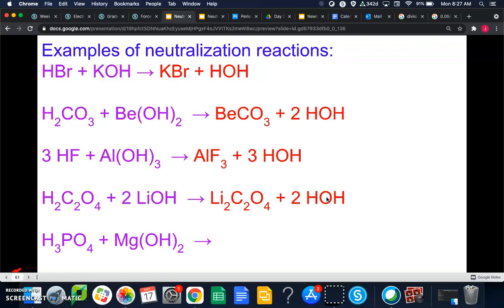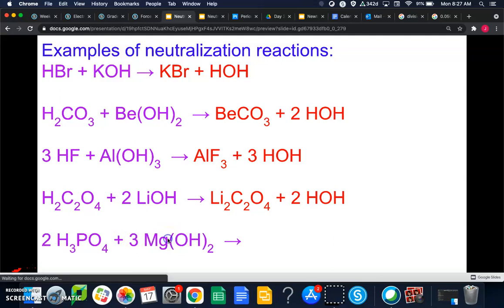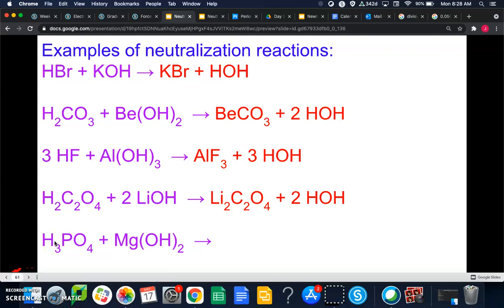Okay, in our last example, we have phosphoric acid, and that's going to react with magnesium hydroxide. And so I put a 2 in front of here and a 3 in front of here. Now, the reason why I do that is if you look, we have 3 hydrogens on this side and 2 hydroxides on this side.